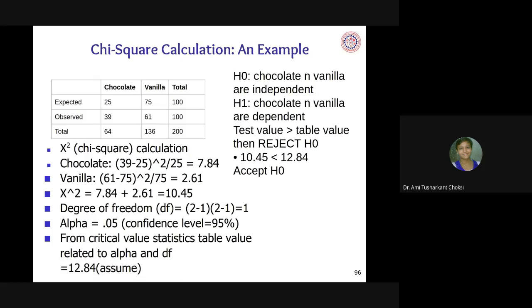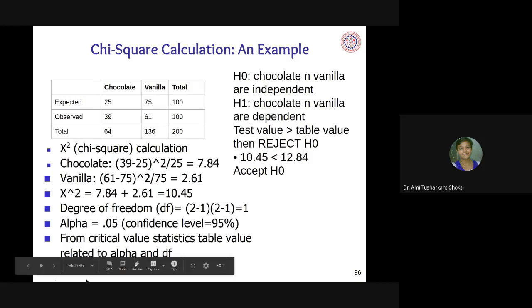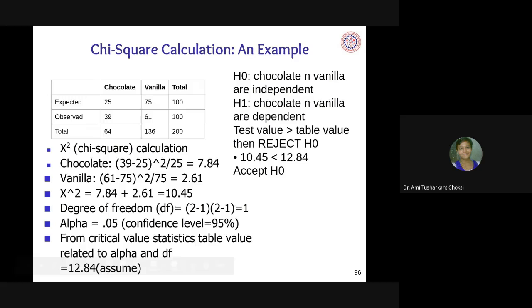We'll see. Just now, let us assume, suppose, 12.84. I'm not saying it is this only, right? When we have the table, we can see the value. Let me assume the value is 12.84. We want to check whether these two variables are independent or not.